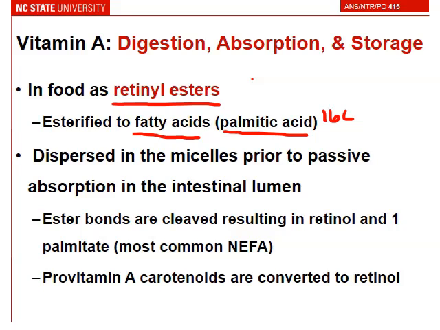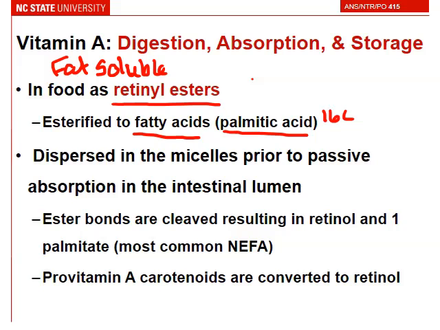And since it is a fat-soluble vitamin, remember that from the last lecture, we need it to be within our micelles. So we disperse it into the micelles, and once we have our mixed micelles that are able to move into the unstirred water layer, we're then able to have passive absorption occur.